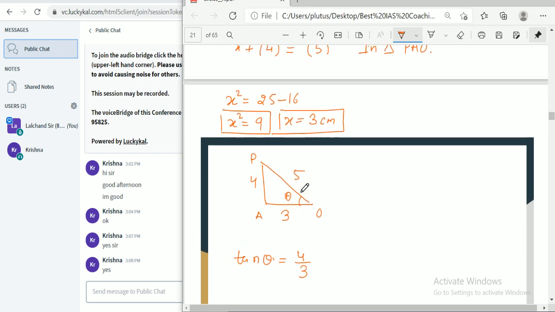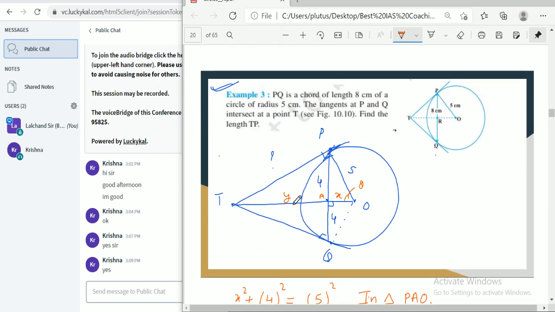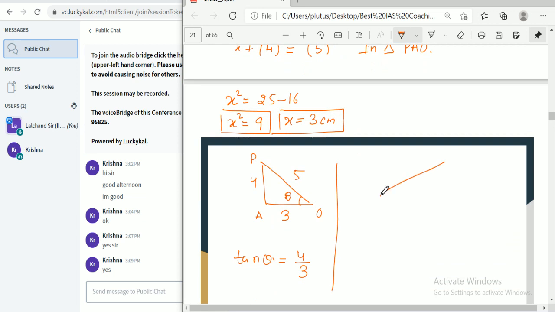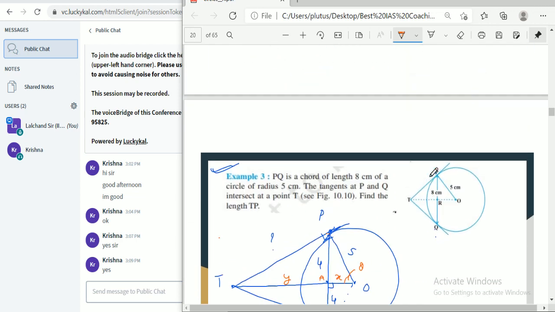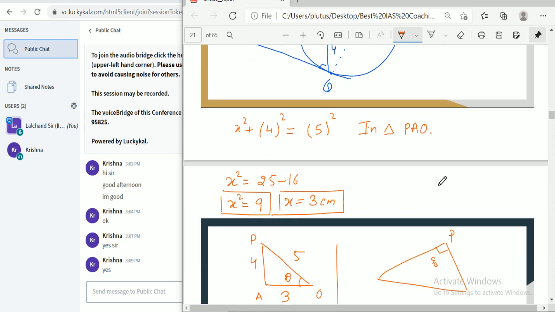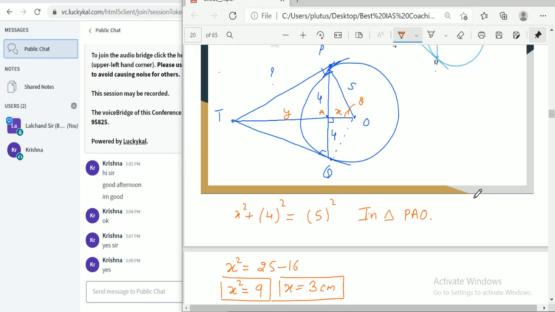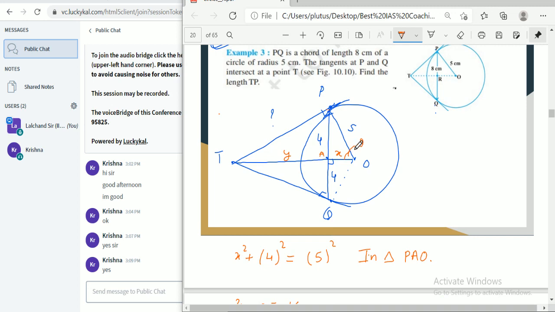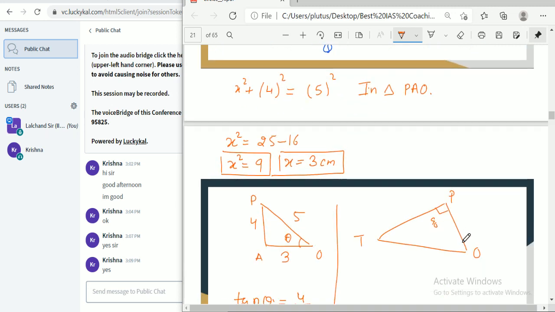Now if we look at the larger triangle TPO, if I make this triangle again, this angle is 90 degree. This point is P, this point is O, and this point is T. This angle is the same in both triangles, so this angle is also theta.